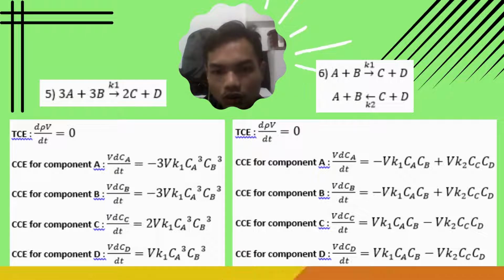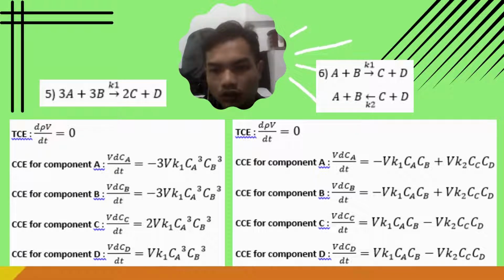Same goes for the CCE for component B. In process 1 for the K1, B is consumed, and for the backward process, B is produced. So we got negative first and positive. For the CCE for component C, we got VdCC over dt equal to VK1CACB minus VK2CCCD.